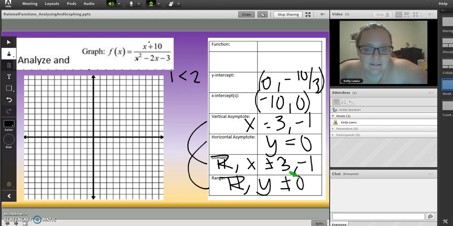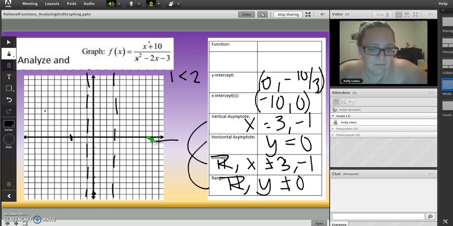Right, -10/3, -3 and something. So somewhere right there. 10, -1, and 3. Just pretend that's a 3.